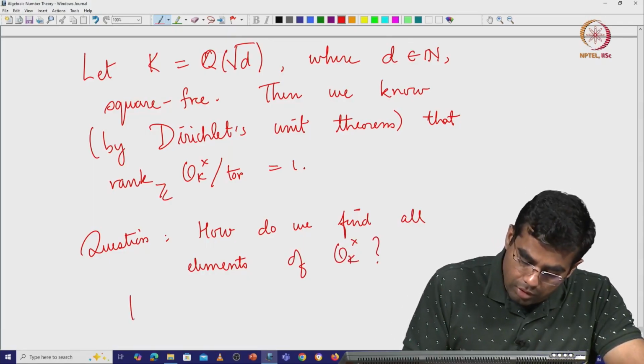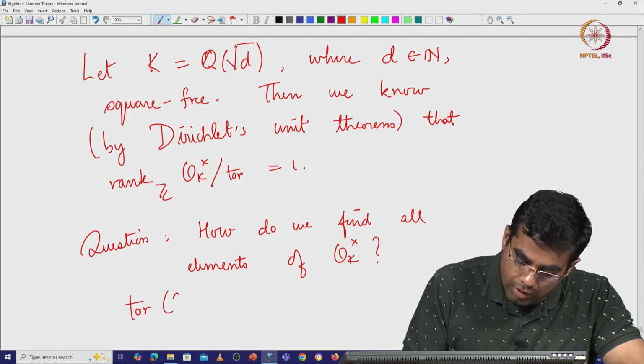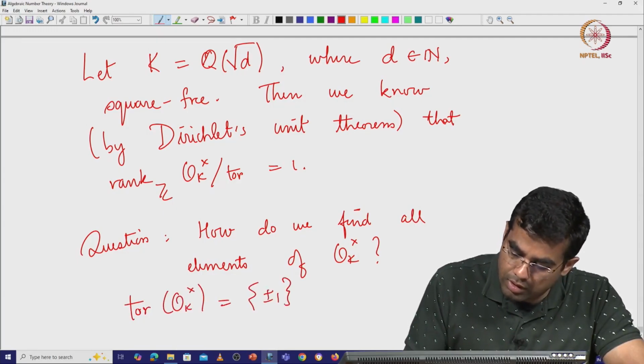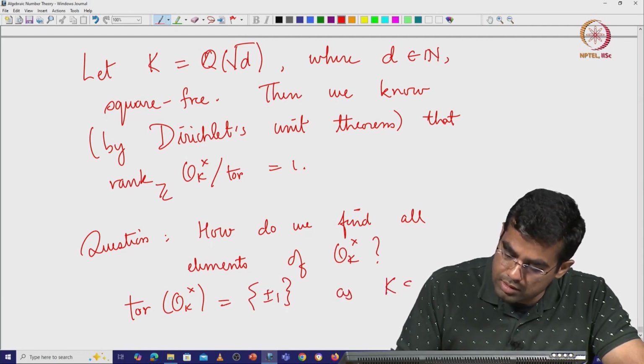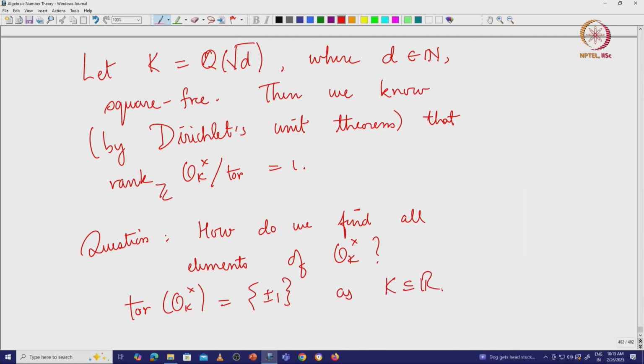Of course, if you look at the torsion of O_K cross, then this is precisely plus or minus 1, as k is contained in the real numbers. The torsion is necessarily roots of unity, and the only roots of unity that are real are plus and minus 1, and plus and minus 1 are in O_K. So, the question is, how do we find an element of infinite order?